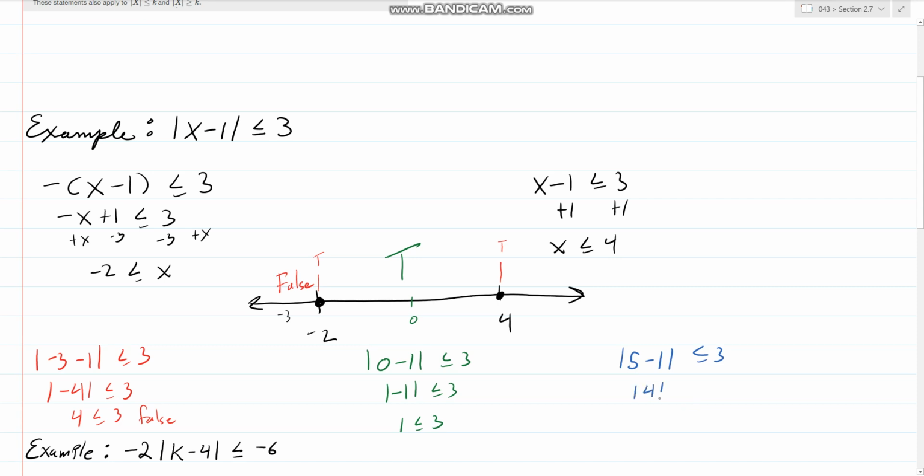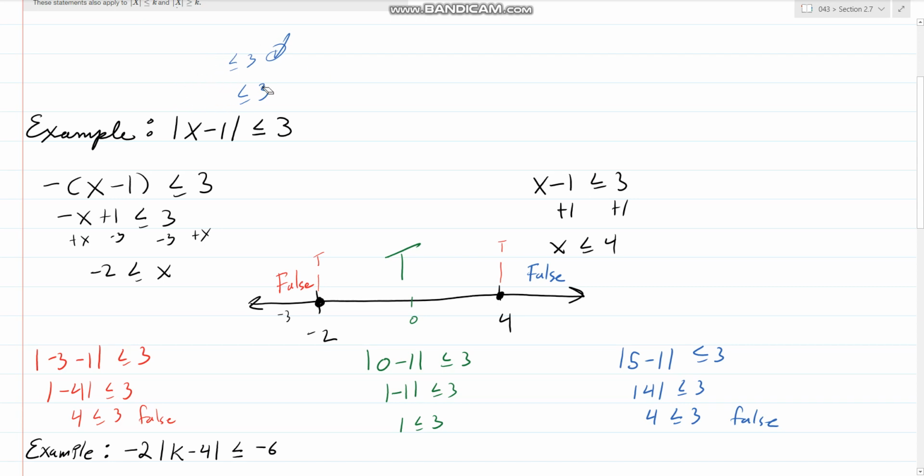That's the absolute value of 4 is less than or equal to 3. 4 is less than or equal to 3, and that is false. So this is false. I guess just for completeness' sake, I can plug in 4 and show you that that works. So 4 minus 1 actually equals 3, and 3 is less than or equal to 3, and that's true because 3 is equal to 3.